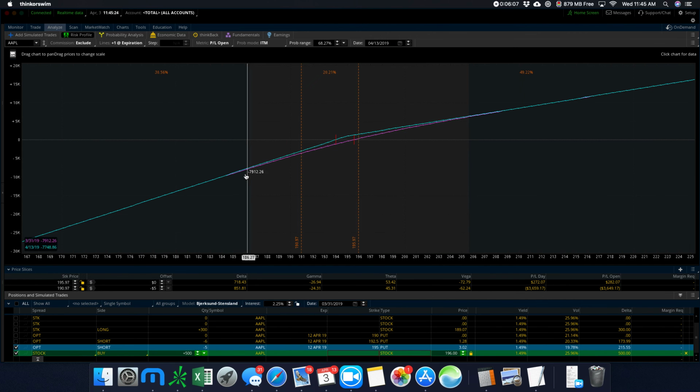If the price were to get down to 185, the delta would be 100. At that point, the puts start working like stock, exactly like stock. And that's when you don't want to be in them. You want to either take your profit, roll, or take your loss.